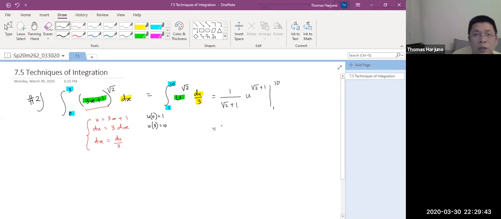That will be 1 over radical 2 plus 1, and then 10 to the power of radical 2 plus 1 minus 1 to the radical 2 plus 1, which will be, if I rationalize this, multiply by the conjugate, I will get radical 2 minus 1.